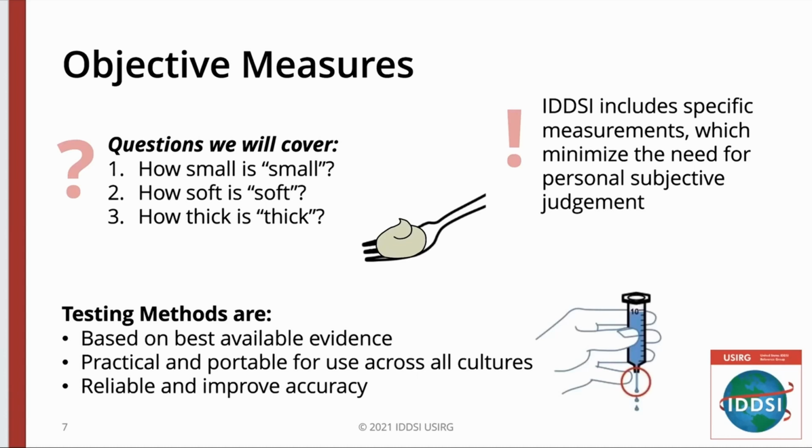Testing methods are based on best available evidence, practical and portable for use across all cultures, reliable and improve accuracy. Testing is to ensure the food texture or drink consistency at meals and snacks correlate with the recommendations of a qualified clinician and the doctor's orders.